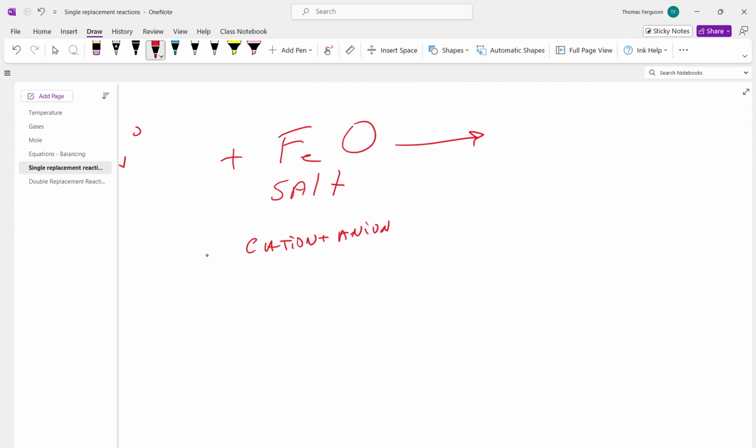The other thing you need to do from now on is to distinguish that by writing AQ. AQ stands for aqueous. That means that salt is dissolved in water.